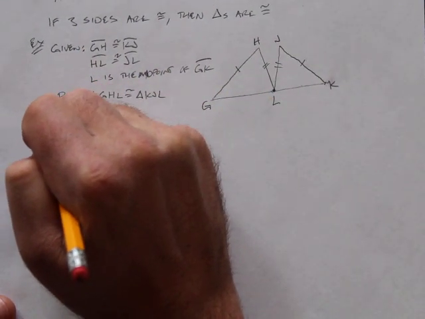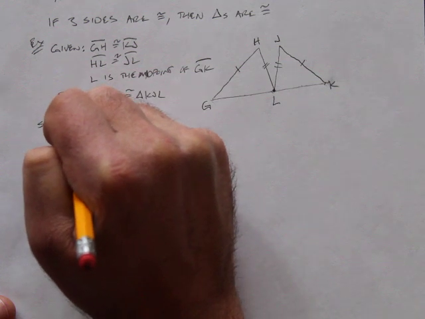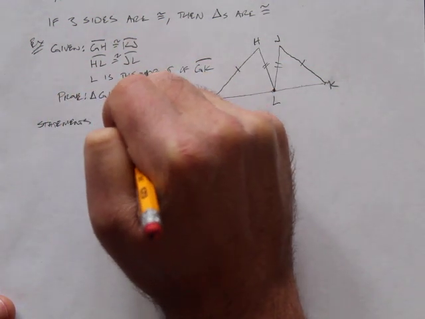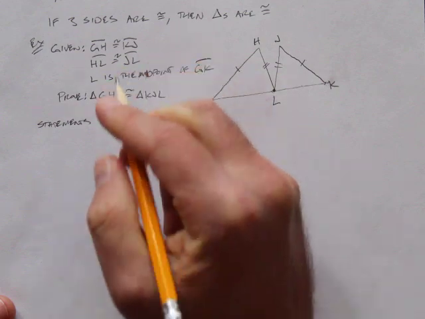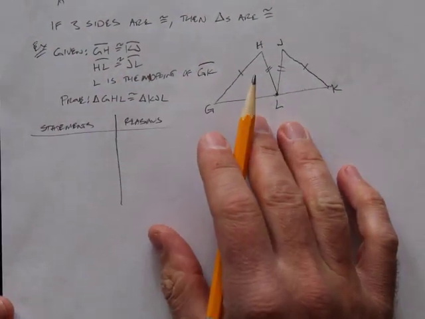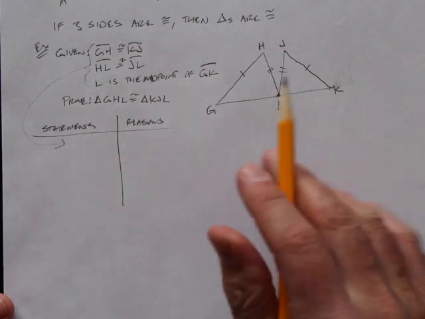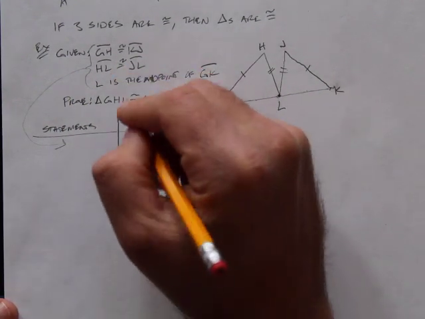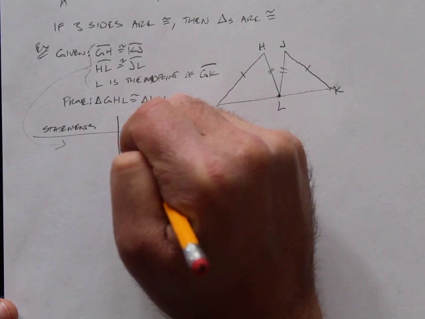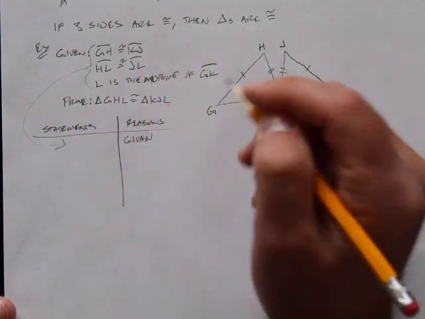Statements and reasons. Now, I'm not going to write all of this down, even though I should, in the statements section. And the reason that these are okay to put here is because it's the given.